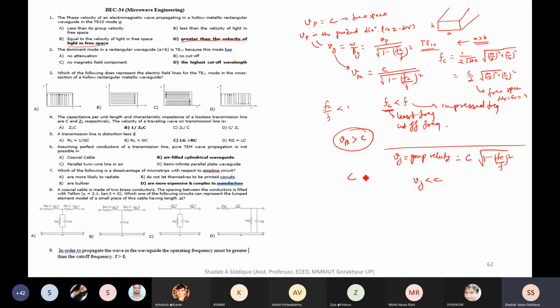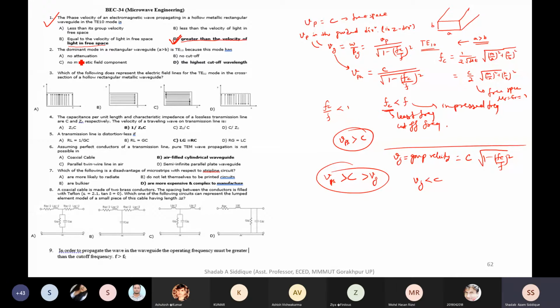So the group velocity is less than the velocity of light in free space, and the phase velocity is greater than the velocity of light in free space. That is for the rectangular waveguide. So that's how you can answer this question.